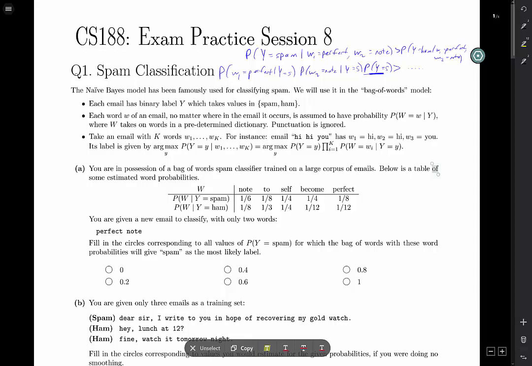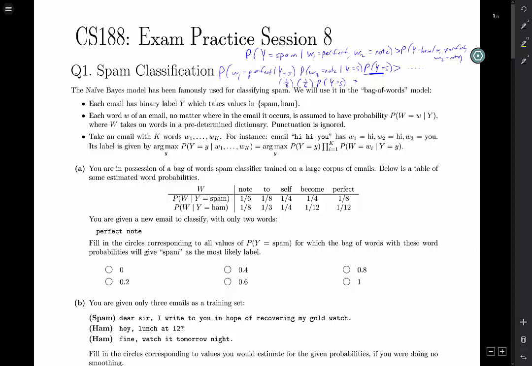So now we look in our table and we fill in these values. Probability w1 equals perfect given y equals spam is 1 over 8. We also look up probability w2 equals note given y equals spam, and this turns out to be 1 over 6, times probability y equals s.